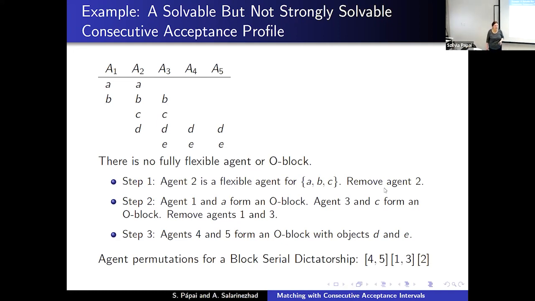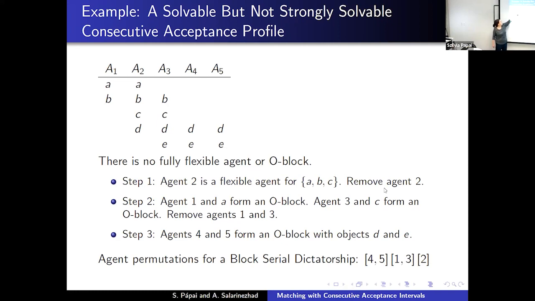Yes. I don't understand why your agent is not fully flexible. Why not? Because agent 2 has 4 competitors and has 4 objects in his acceptance set. That's a kind of opposite. Yeah. So that's because agent 2 is a flexible agent, but not fully flexible.